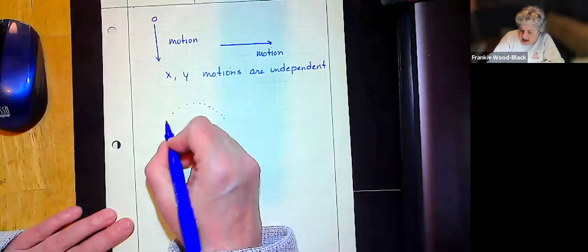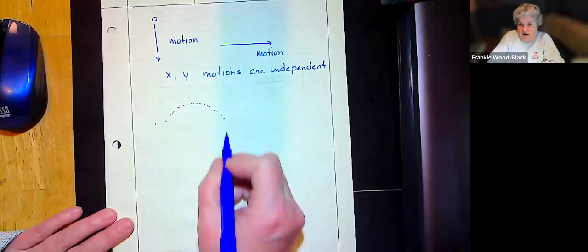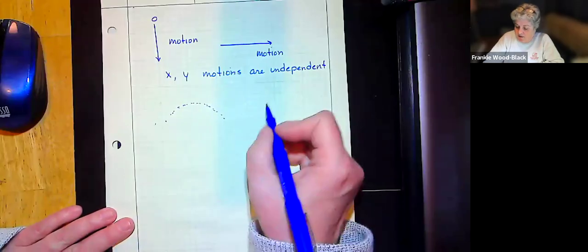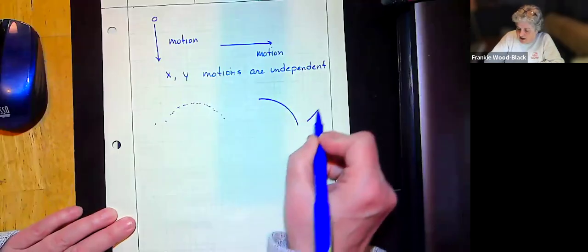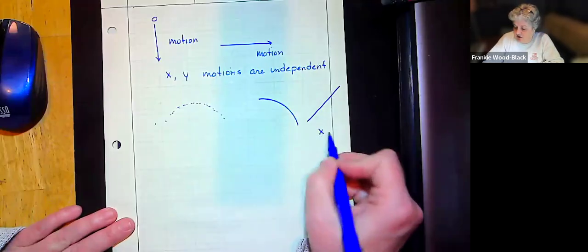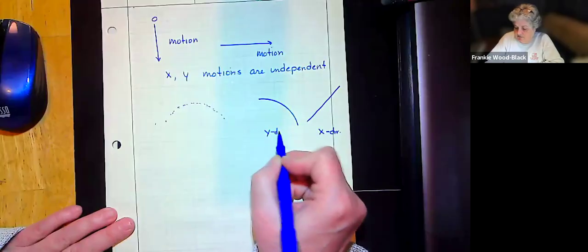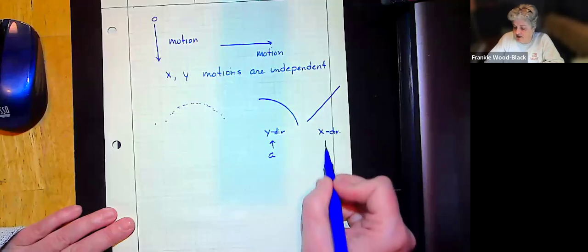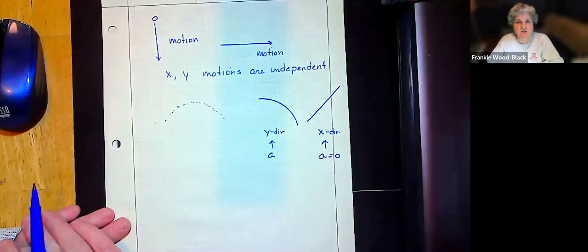This was the path that the basketball did, right? Person was standing over here and it went over there. That was my path that was traveled. But when we did the graphs, I got one graph that looked like this, and I had one graph that looked like this. This was my x direction and this was my y direction. This one had acceleration. This one, the acceleration was equal to 0. The motion in those two directions were different.